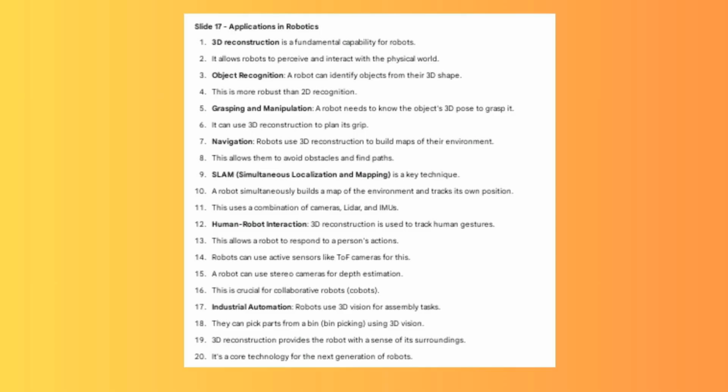It's also a key technology for industrial automation and for the next generation of collaborative robots. Simply put, 3D reconstruction gives a robot a sense of its surroundings, which is essential for almost every task in its performance.